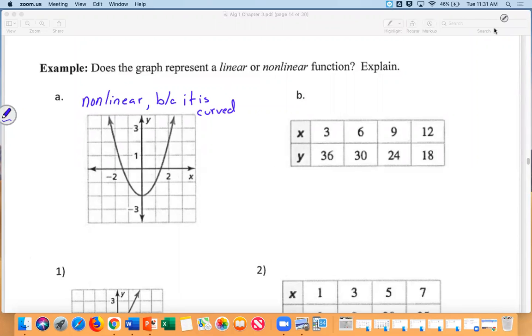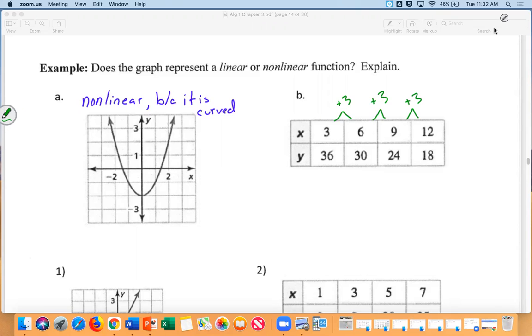Now, Annie, I was talking to you about a table, right? So if it's a table, it's got to go up by the same amount. Annie, how am I going from 3 to 6? Add by 3. 6 to 9, plus 3. 9 to 12, plus 3. Do you see how the x's are going up by the same amount? Which is good.